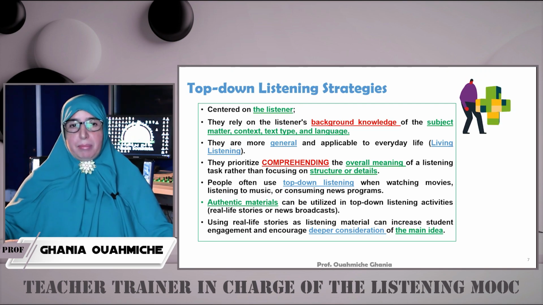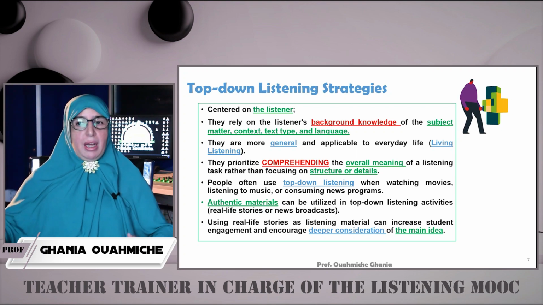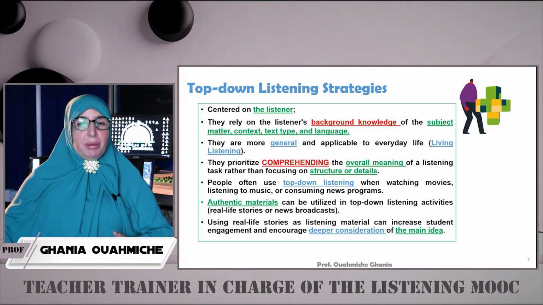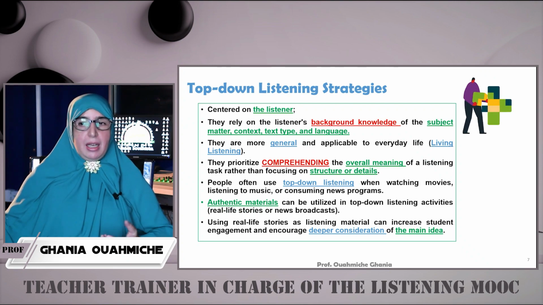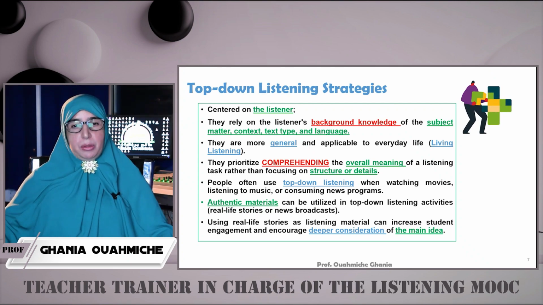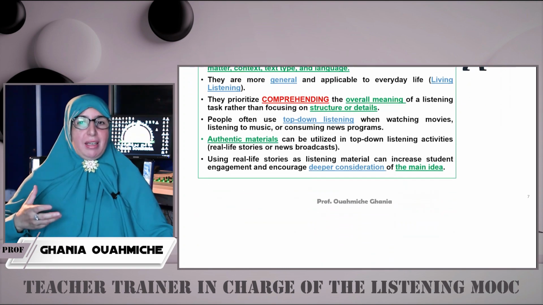Authentic materials can be utilized here in top-down listening activities, such as real-life stories or news broadcasts. Also, using real-life stories as listening material can increase your engagement and encourage you to have a deeper consideration of the main idea.